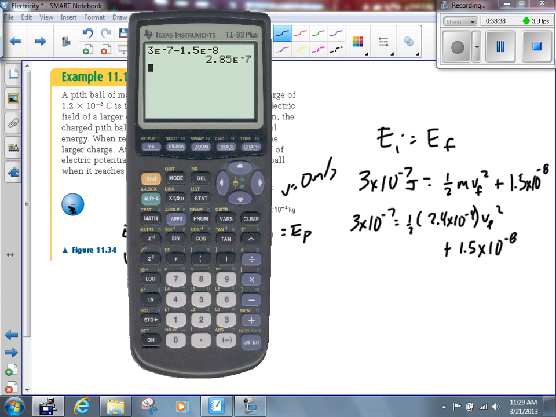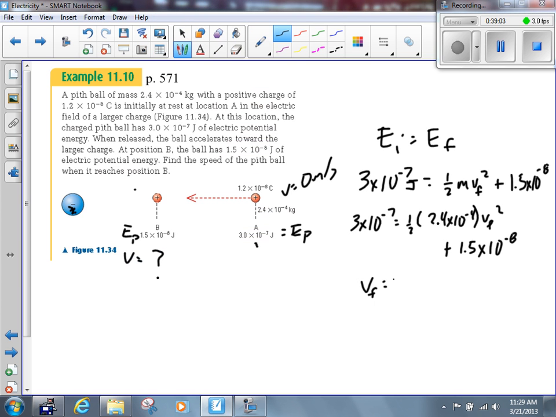Let's multiply that by 2. Let's divide that by 2.4 times 10 to the minus 4. Finally, what are we going to do with that? We're going to square root it, right? And we get 4.87 or 4.9 times 10 to the minus 2. So we're going to say vf is 4.9 times 10 to the minus 2 meters per second.